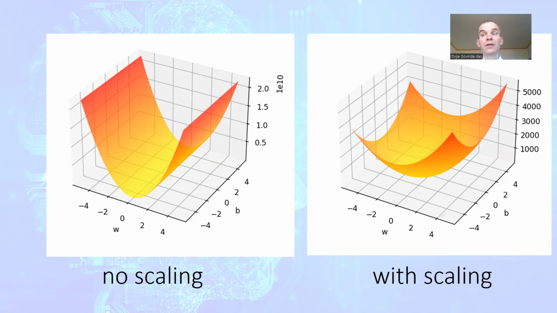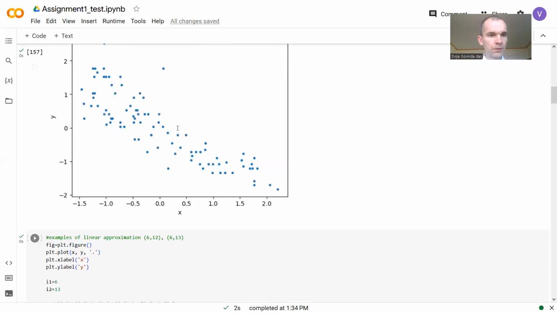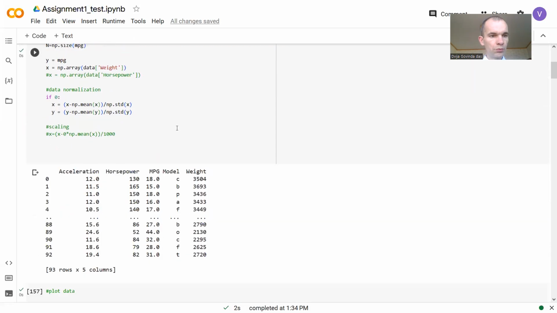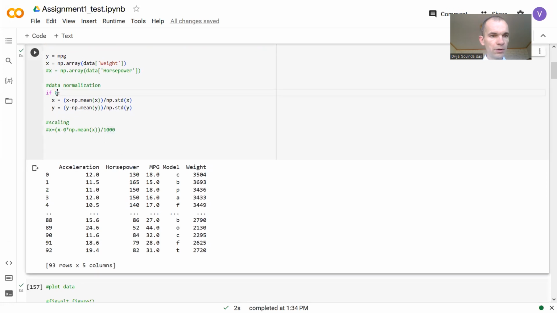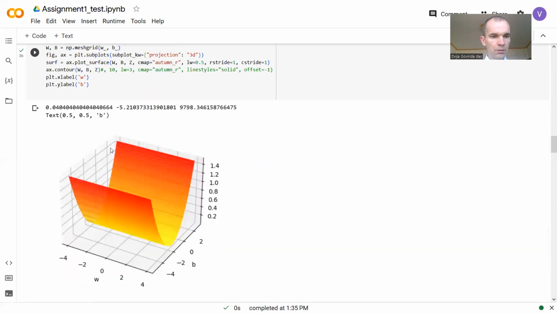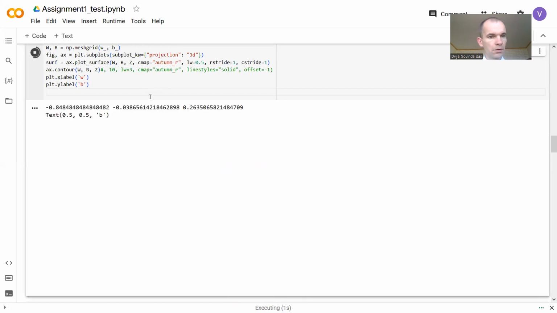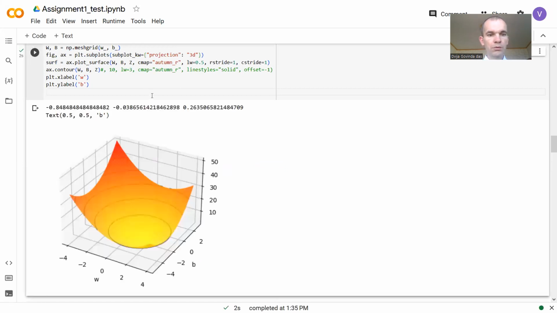We need to scale the data so that X and Y will be approximately of the same scale. So I will return the scaling, which we found to be essential here. I will run again, and we will have our convex surface, which again looks like a cup.